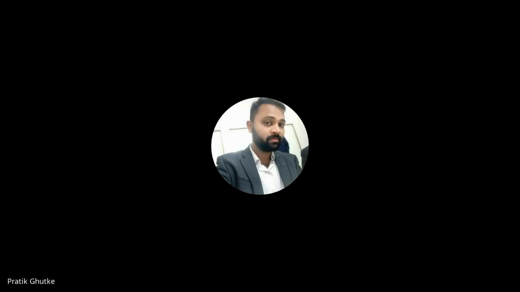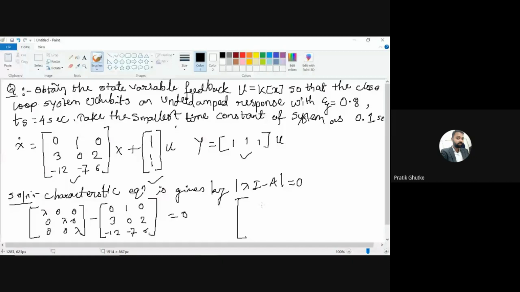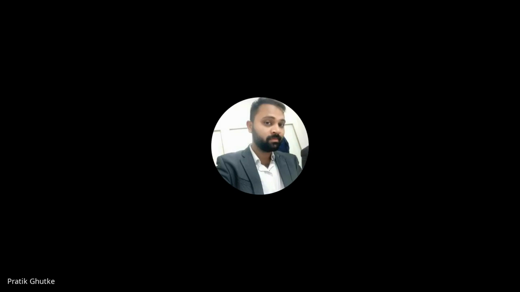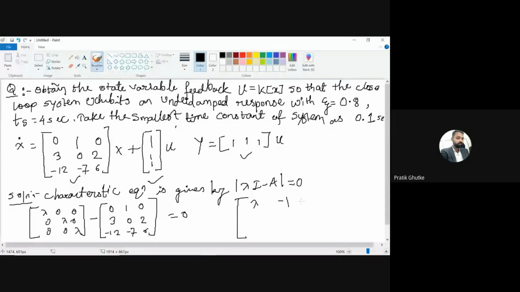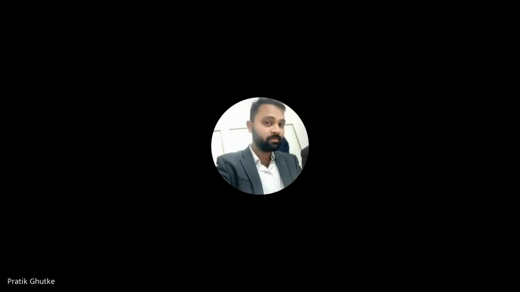Lambda minus 0, it would be here lambda, minus 1 and 0, and again second row it would be minus 3, lambda, minus 2, and the last row it would be 12, 7, lambda minus 6. So I have to solve this to get the eigenvalues. Have you understood up to here? Now moving forward.